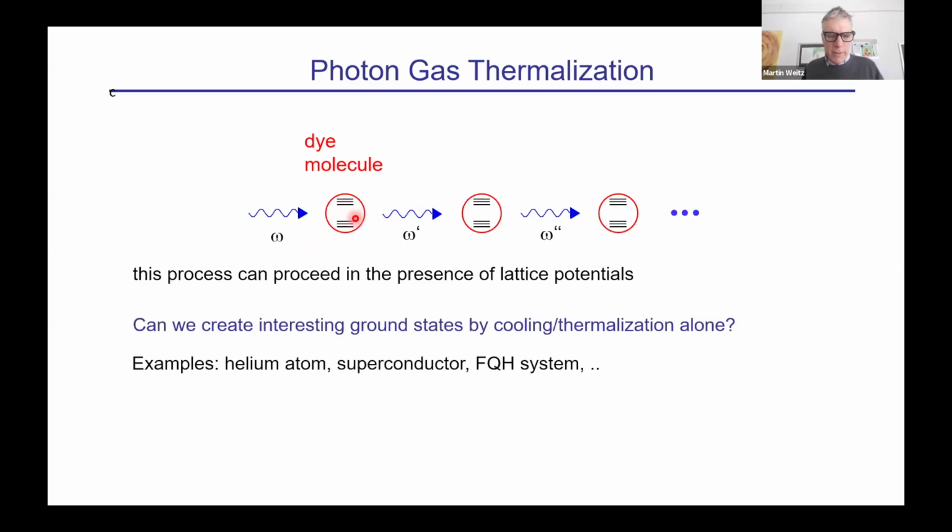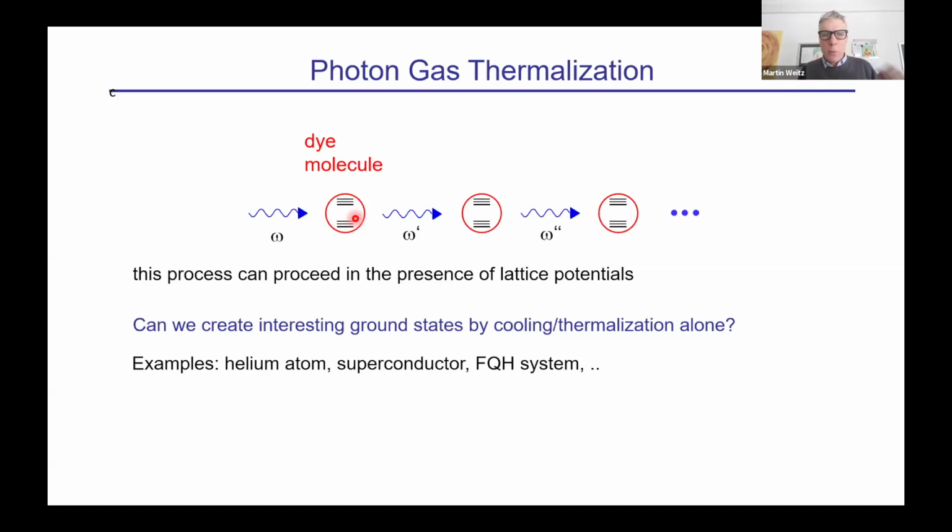The motivation was whether one can create interesting ground state ensembles by cooling alone. Examples are the helium atom, where the ground state is an entangled state for the electron wave functions. Similarly, a superconductor, or fractional quantum Hall systems.